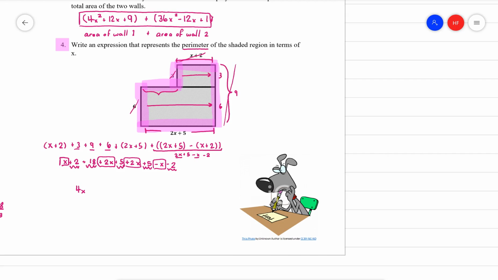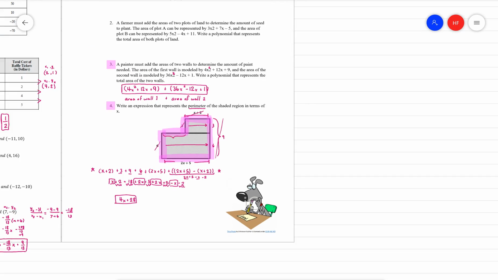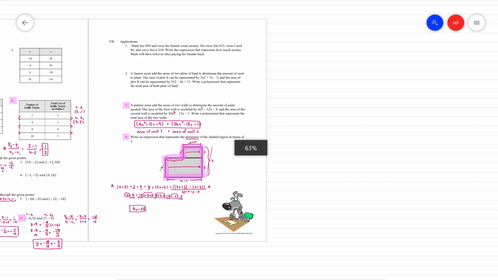So 2 minus 2, 5 plus 5 plus 18, we got 28. I could be wrong because I just did that in my head, but I do believe it is 28. And then the expression overall is just 4x plus 28. If you would have left it like this, that would have been fine because it only asked for the expression itself. But we like to simplify when we can, so 4x plus 28 would have been the better answer.